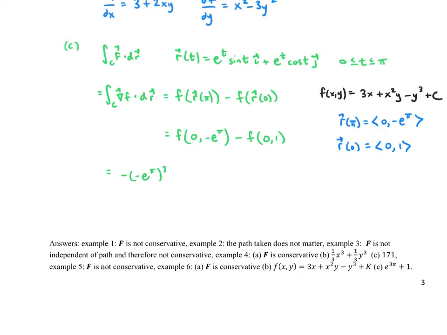That's our first one, okay? And then we have 0 for x again, and 1 for y this time. So again, 0, 0, 1, 1. That gives us just negative 1. So what we get for an answer is e to the 3 pi plus 1. Okay, that is section 13.3.